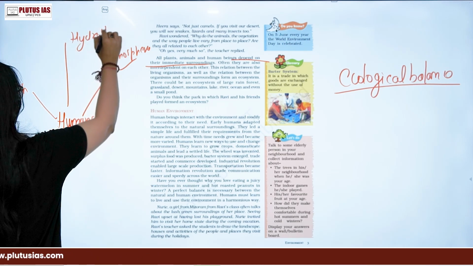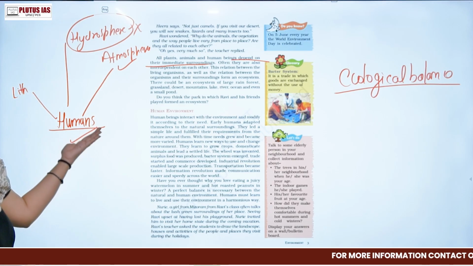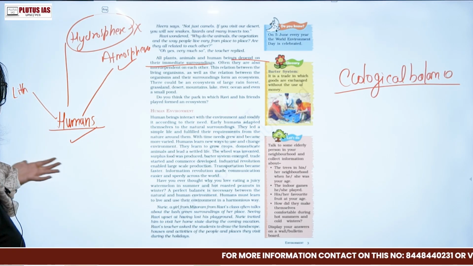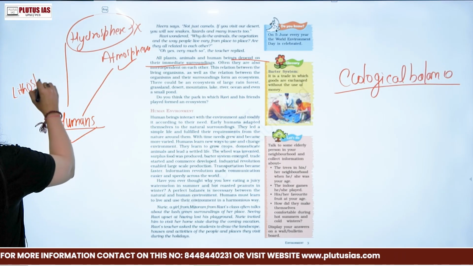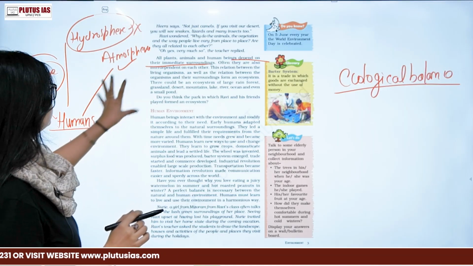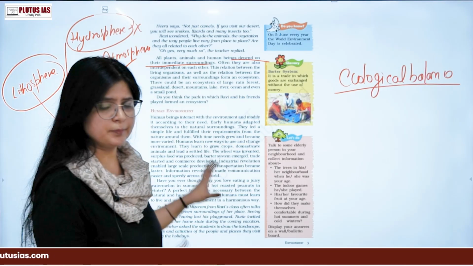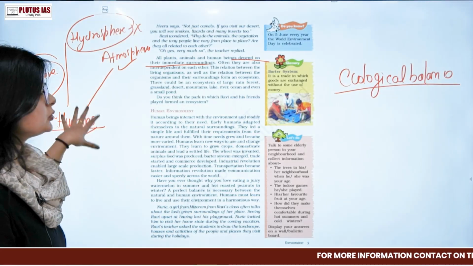I am eliminating this hydrosphere from it. Do you think then the possibility of life would have been there, or maybe the ecosystem would have been created, right? Or maybe if I am eliminating lithosphere and keeping hydrosphere and atmosphere and humans, then also it's not possible for all of them to exist.